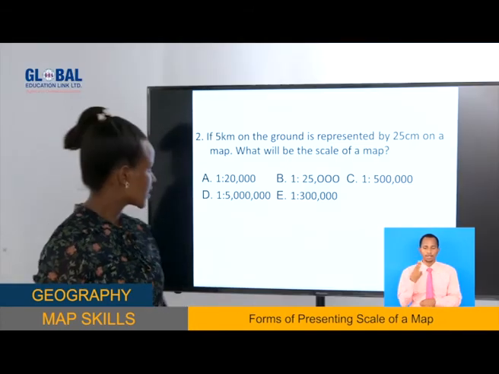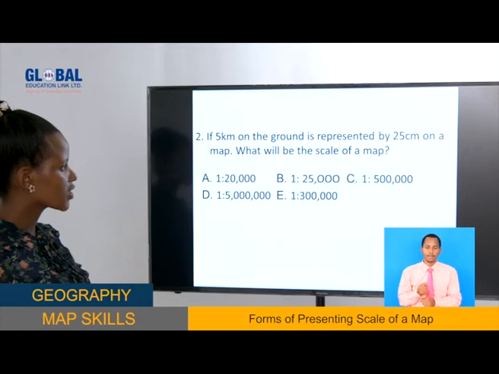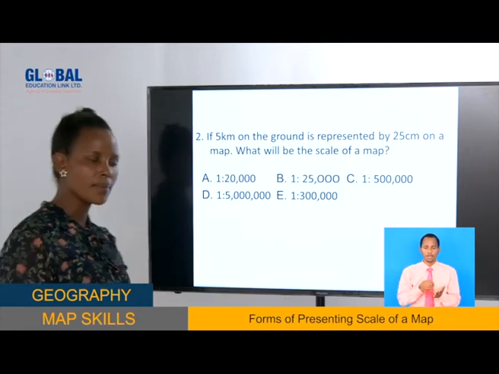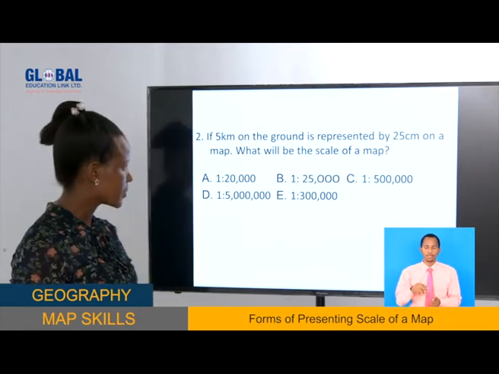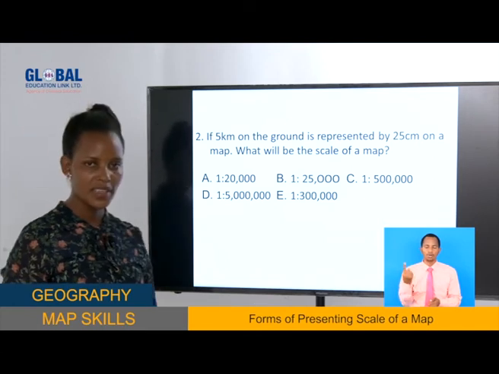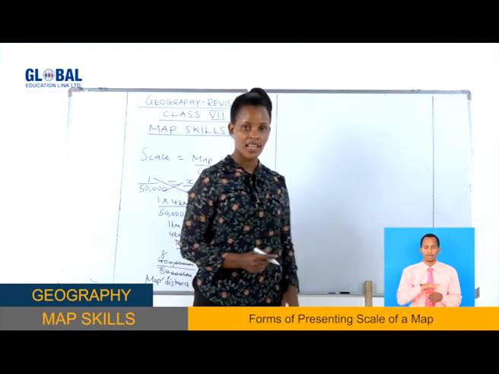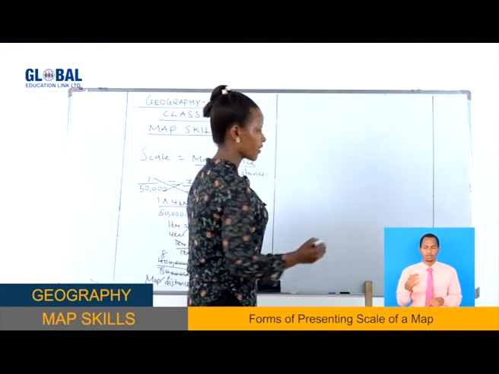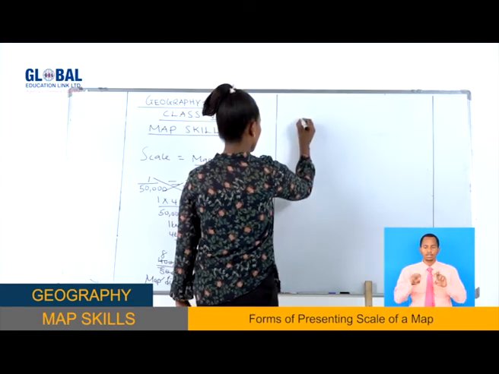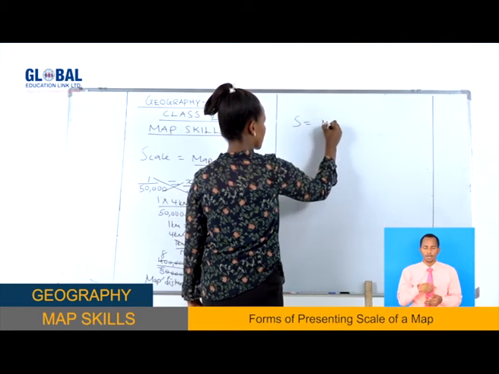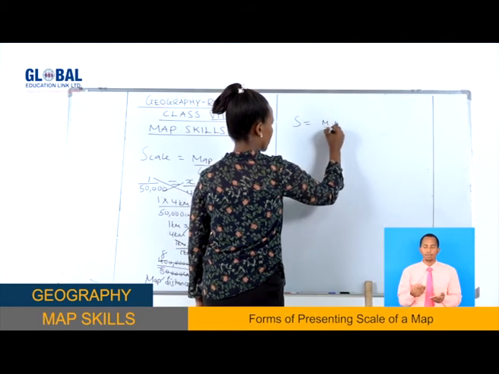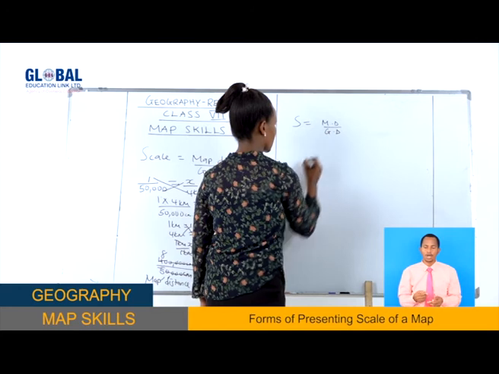Number 2 says, if 5 kilometers on the ground is represented by 25 centimeters on a map, what will be the scale of the map? Here you have to take the formula for finding a scale. Scale is equal to map distance over ground distance.